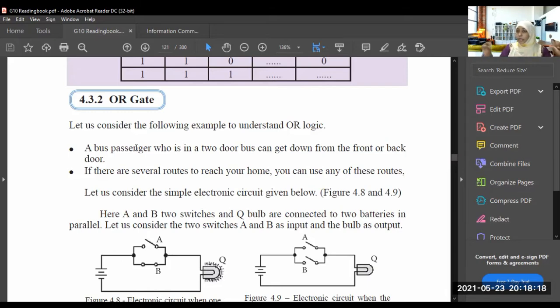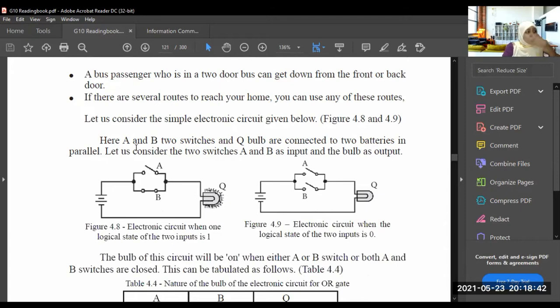It doesn't matter, but he can choose one of the 2 doors. If there are several routes to reach your home, you can use any of these routes. So if there are, say, 5 routes to reach your home, you can choose whichever route you want, right? So what is the meaning of OR here? You can use this or this, either of the 2, right?